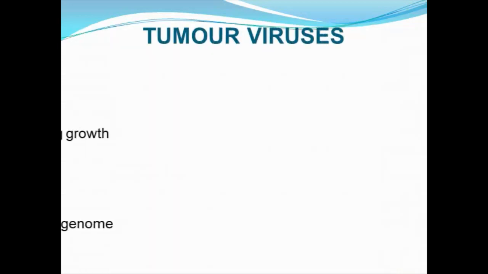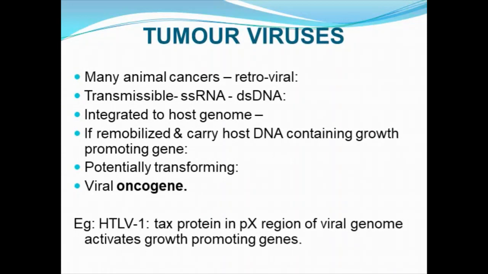So what are the tumor viruses? Many animal cancers are retroviral in origin, so they are caused by retroviruses. Transmissible single-stranded RNA gets converted into double-stranded DNA by means of the reverse transcriptase enzyme, which is present in these viruses.